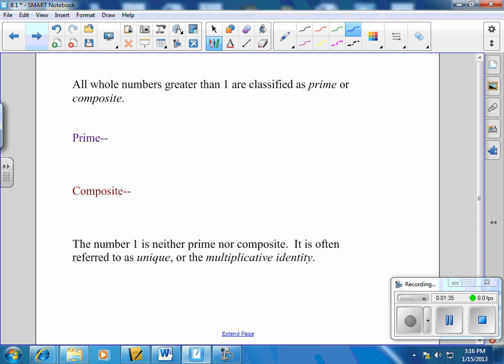So all whole numbers greater than 1 are classified in 2 ways. They're either prime or composite. Prime means only 1 and the number are factors.